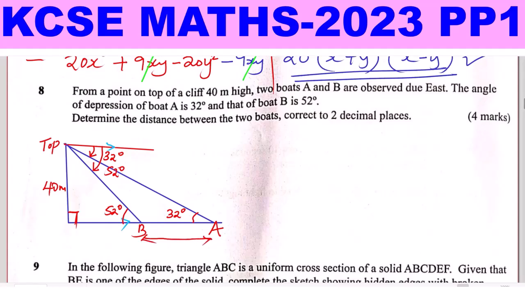So how do you go about this? When you look at this diagram and this right angle triangle, you can use trigonometric ratios to get that distance. And the easier one, looking at the sides that you're given, we can use tangent.